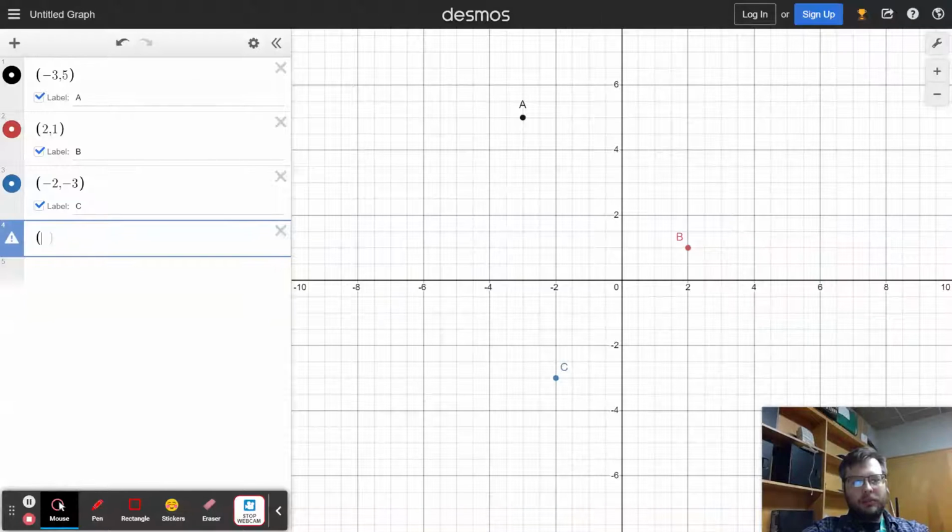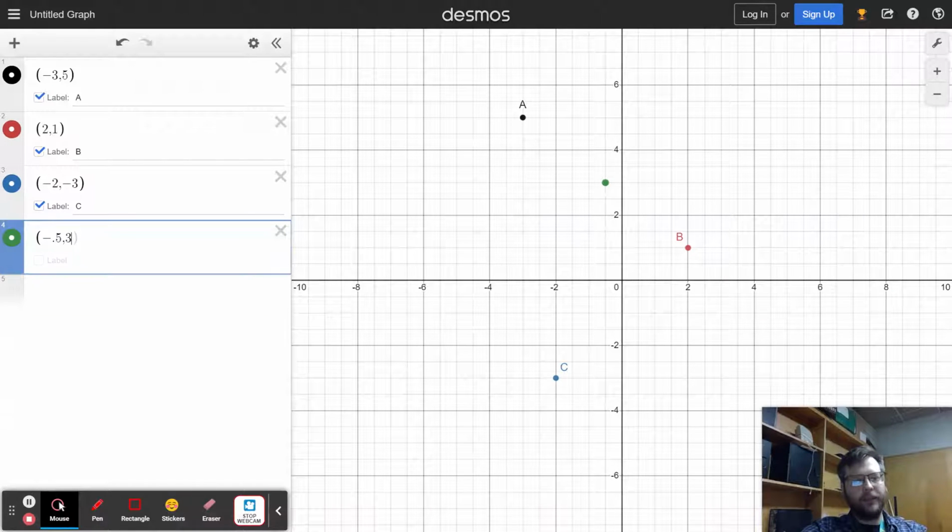So I'm going to do the midpoint between A and B. If I add the x values, I get -1 because it's -3 plus 2. Cut that in half, I get -0.5. I look at A and B and add the y values. 5 plus 1 is 6. Cut that in half, I get 3. I'm going to call this the midpoint of AB, so MAB.